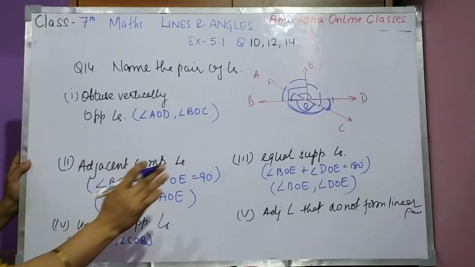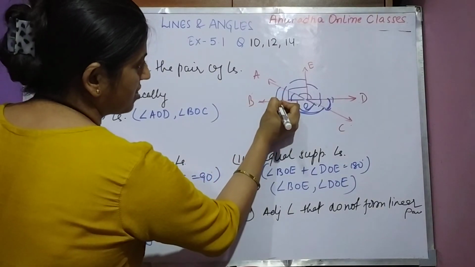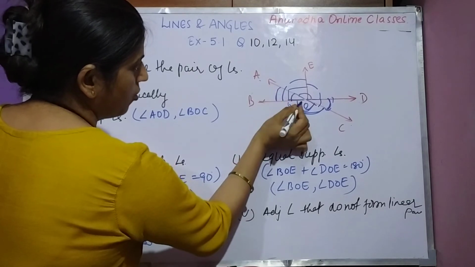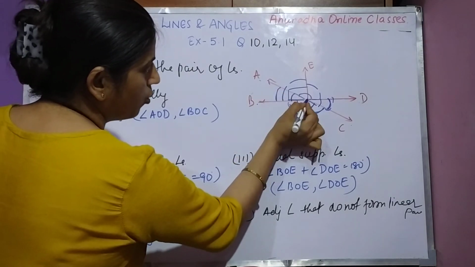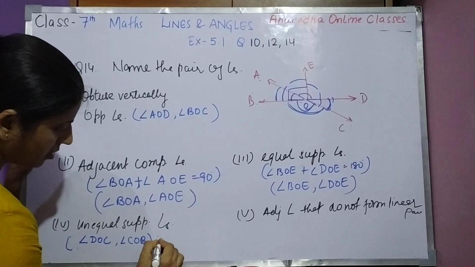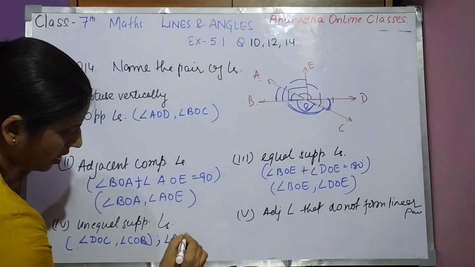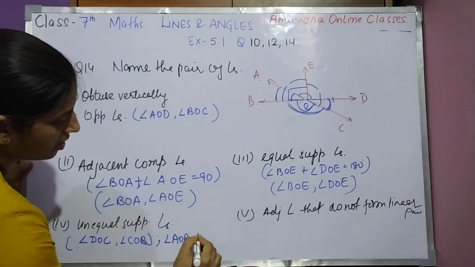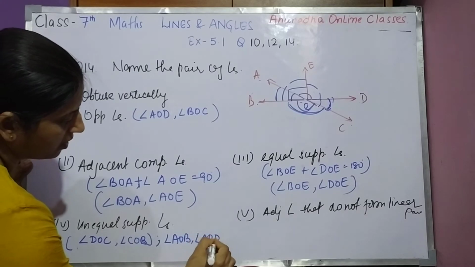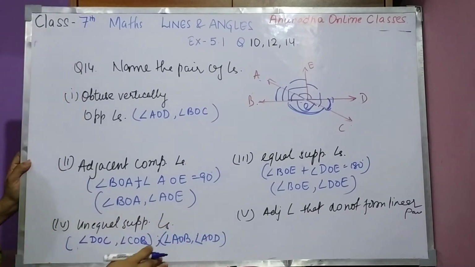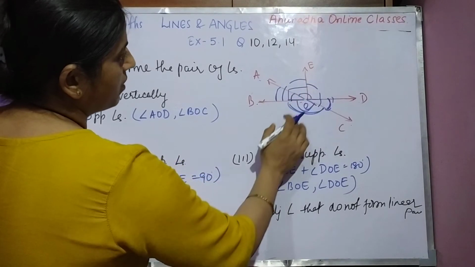First pair is this. Second pair you can take this one, that is angle AOB and angle AOD.